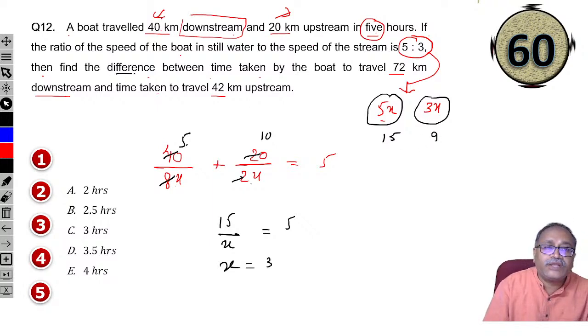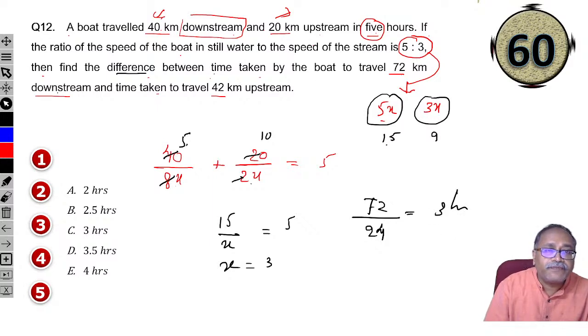Now what is the difference between the time taken by the boat to travel 72 km downstream and 42 km upstream? So 72 divided by the downstream speed, which is 15 plus 9 is 24, and the time comes to 3 hours.